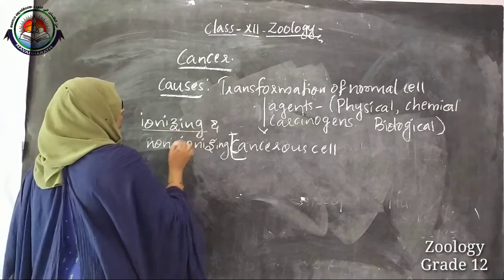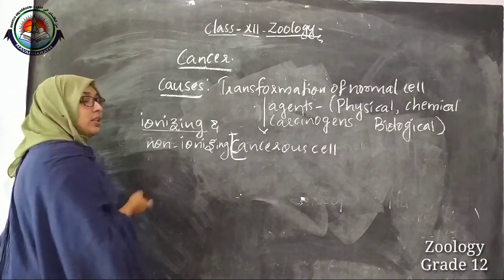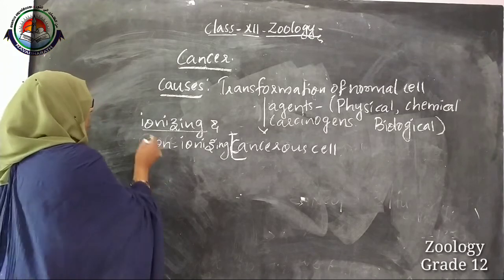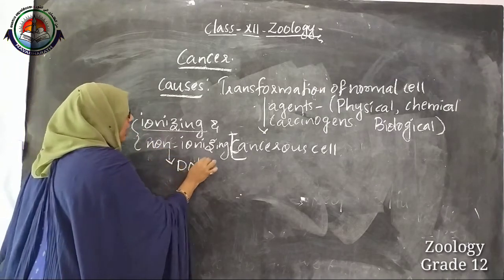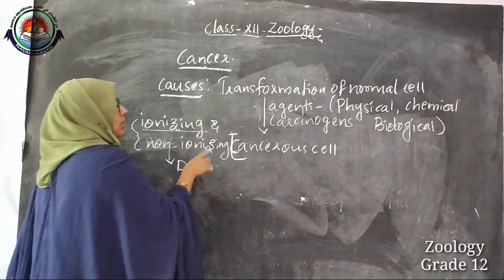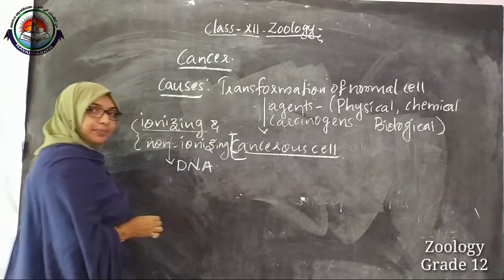Ionizing radiation includes X-rays and gamma rays. Non-ionizing radiation includes UV rays, ultraviolet rays. All these rays can cause serious damage to the DNA of our normal cells, which causes the transformation of the normal cell into a cancerous cell.